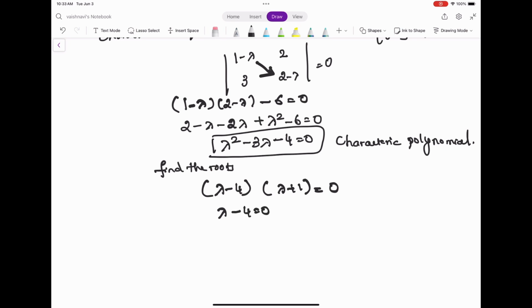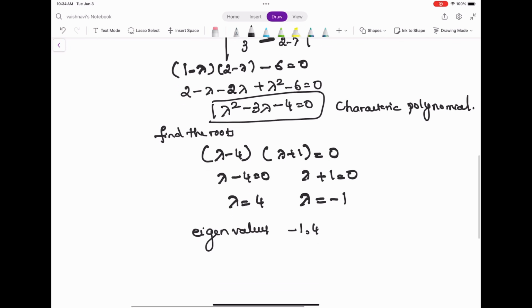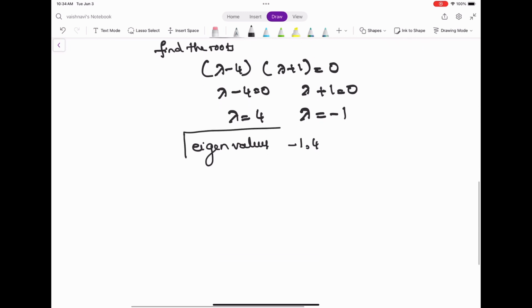So lambda minus 4 is equal to 0 and lambda plus 1 is equal to 0. So lambda is equal to 4 and lambda is equal to minus 1. These are our eigenvalues, minus 1 and 4. So the first part is done, that is finding the eigenvalues.